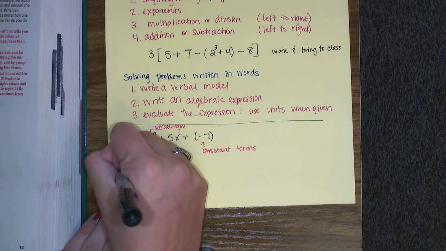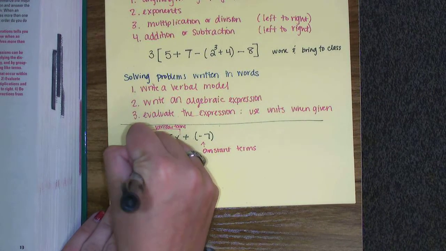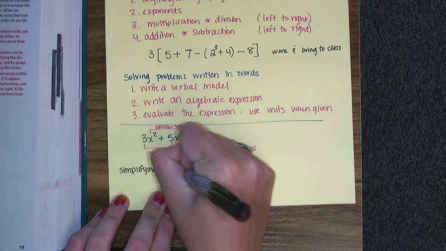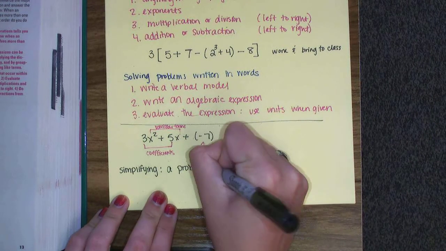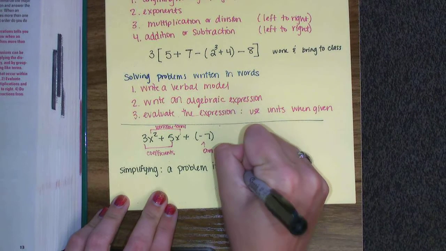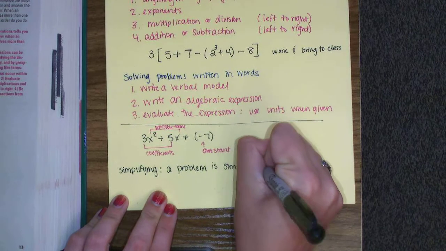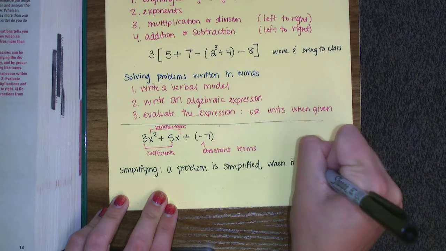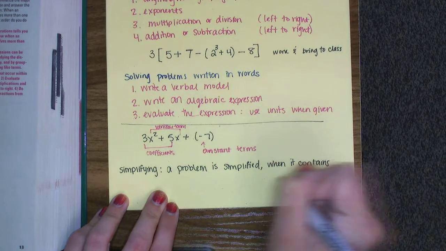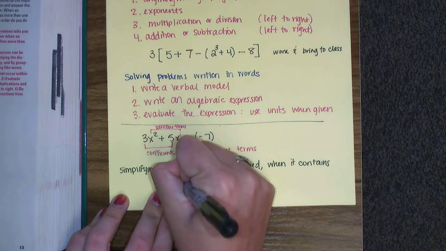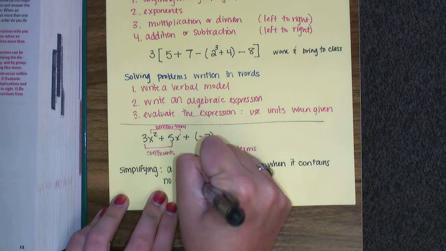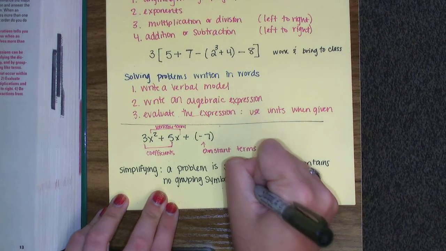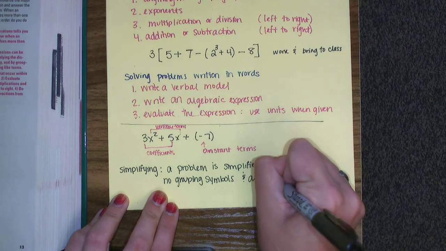For simplifying, a problem is simplified when it contains no grouping symbols and all like terms have been combined.